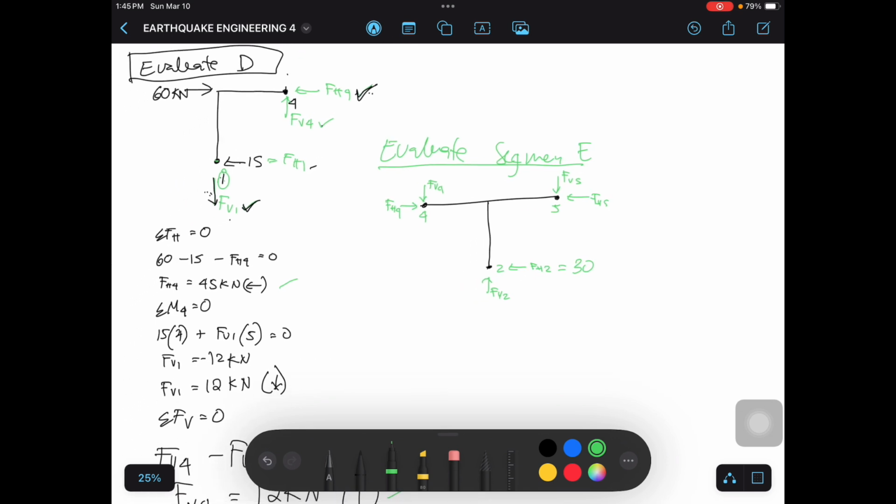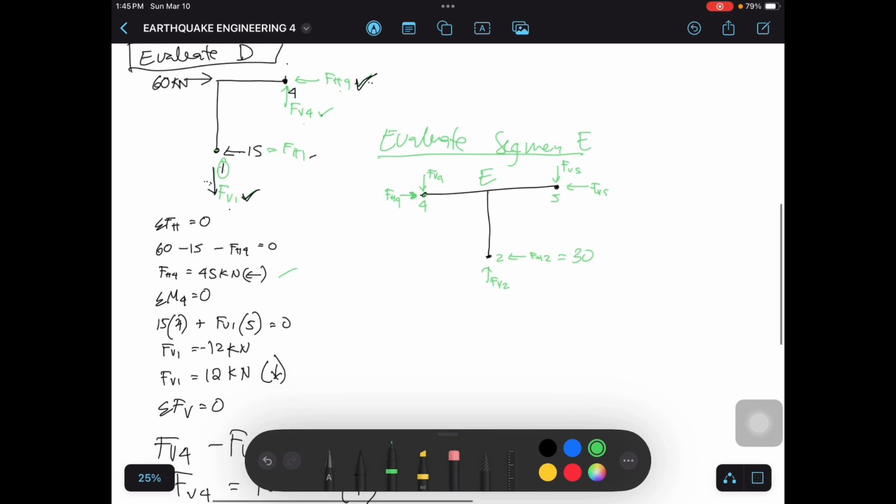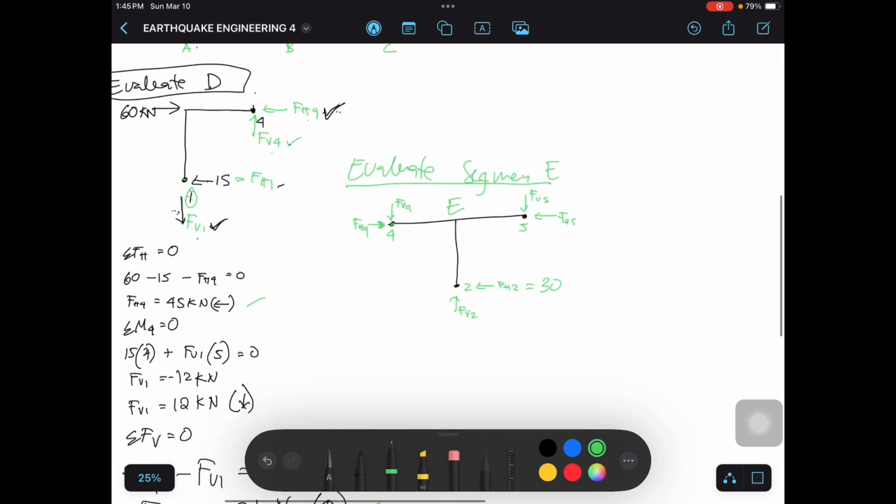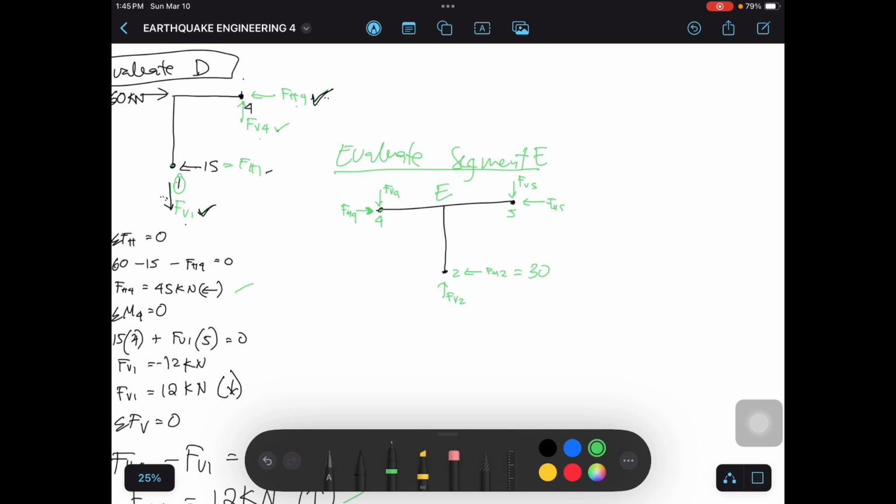So, to the left si FH4. Pag ipapasa mo na siya sa segment E, pabaliktarin mo yung direction. So, FH4 dito is to the right. And then, upward yung FV4 dito, so pag ipapasa mo na siya kay segment E, it is downward na.